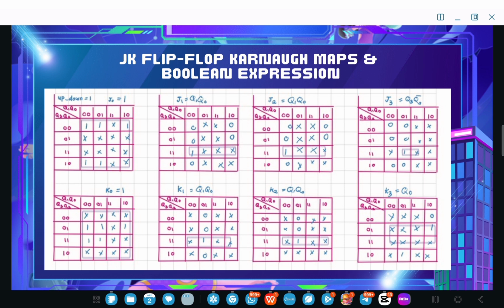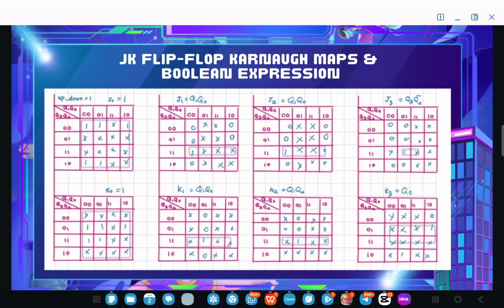For example, the inputs J0 and K0 may always be 1 because Q0 toggles every clock pulse. For J1, K1 and the rest, the logic depends on the states of our flip-flops and the control input C.